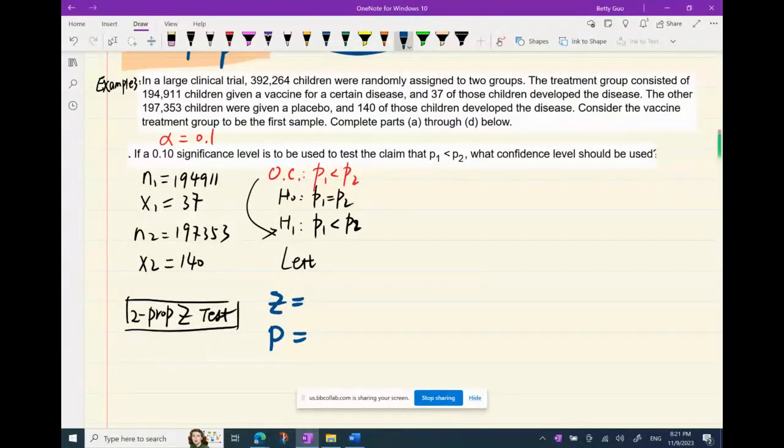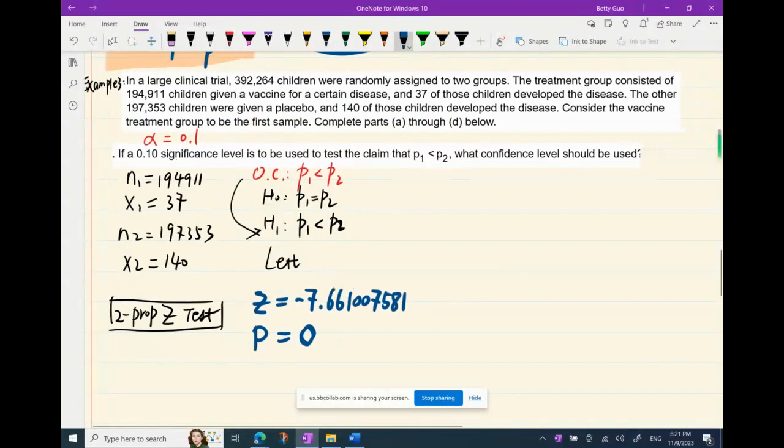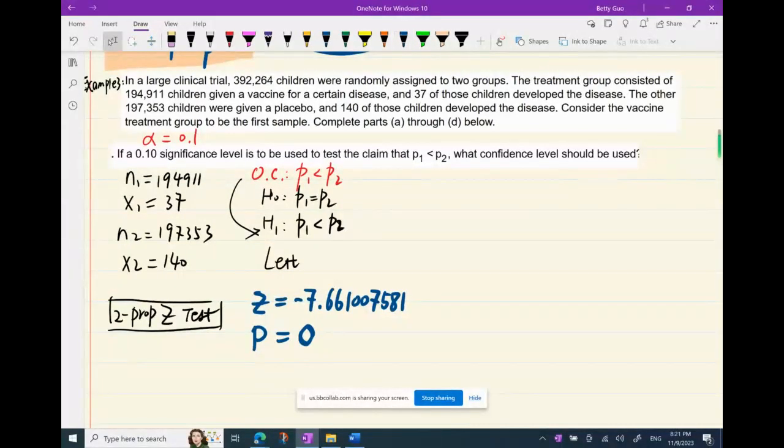Left tail test. Let me know, do you have the same z test statistic and p-value as me?